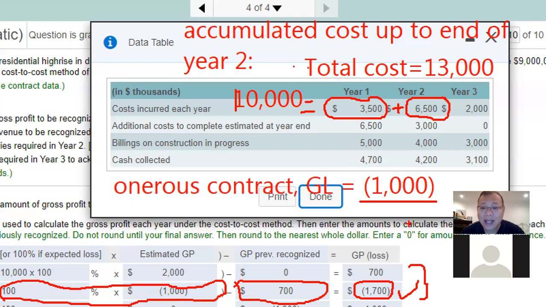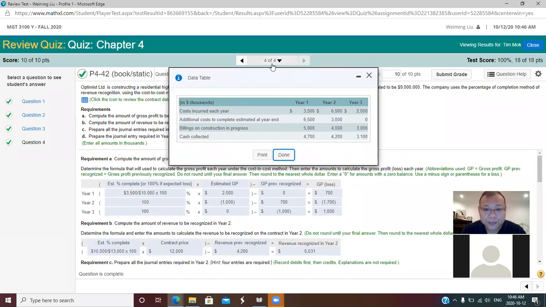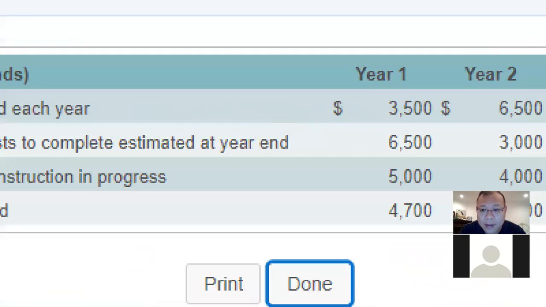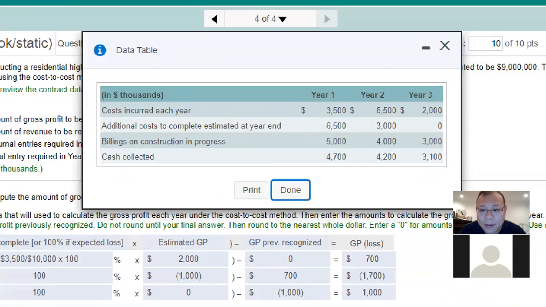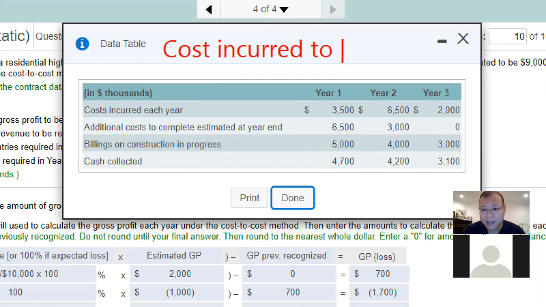Okay, awesome. So let's take a look at year 3. Okay, so I'm going to do this again. Is that good? So at the end of year 3, what is my total cost incurred to date?